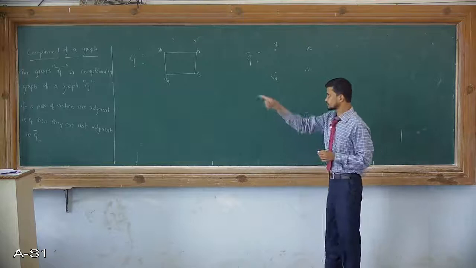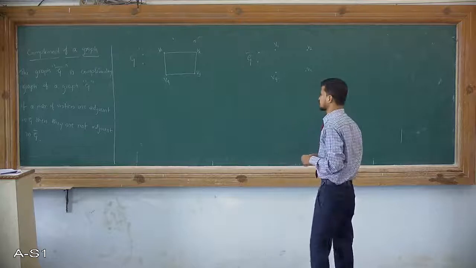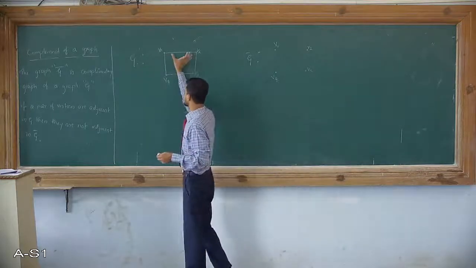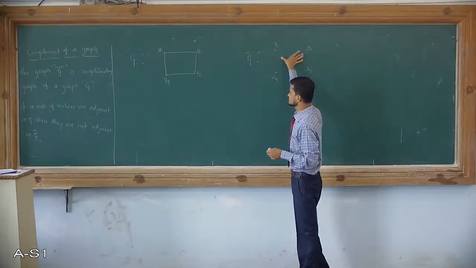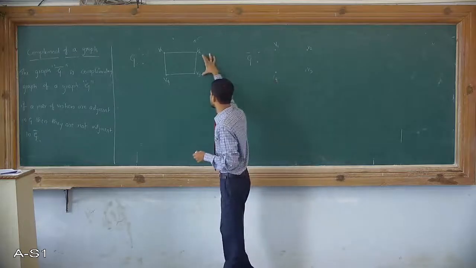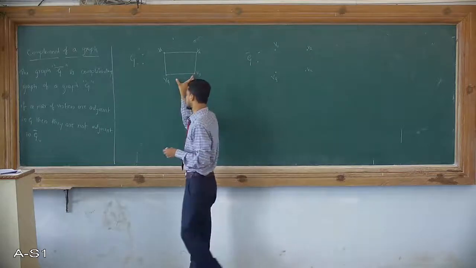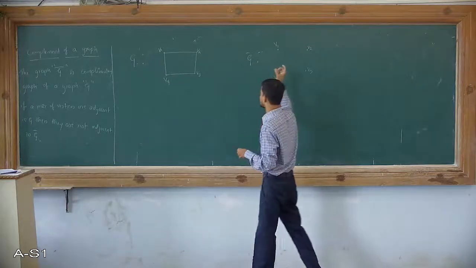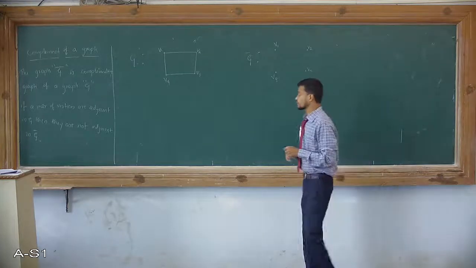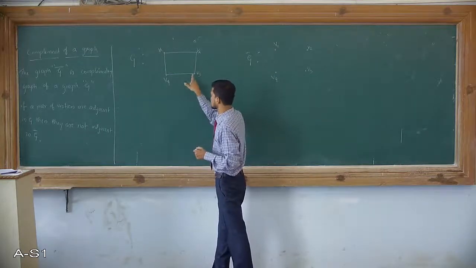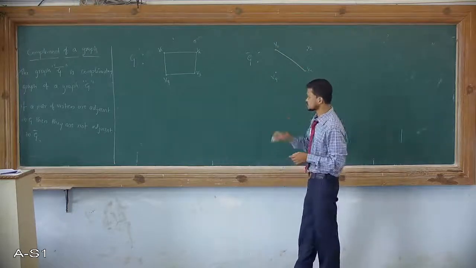According to the definition, G bar is a complementary graph if a pair of vertices, say V1 and V2, are adjacent in G, then V1 and V2 are not adjacent in G bar. V2 and V3 are adjacent in G, so they need not be adjacent in G bar. V4 and V3 are adjacent, so again not adjacent in G bar. But V1 and V3 are not adjacent in G, so I will draw a line: V1 and V3 are connected in G bar.